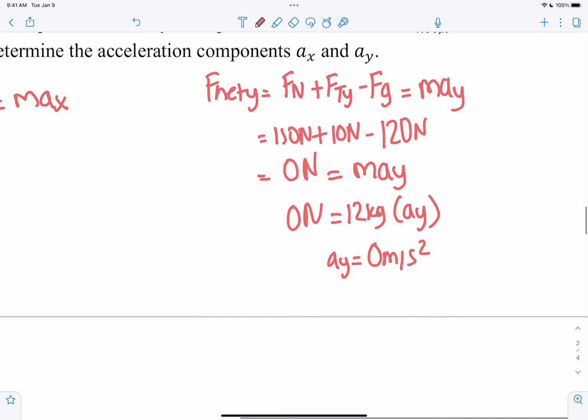And it's kind of implicit too, because if there's no net force in the y direction, or for example, if there's no net force in the x direction, then automatically your acceleration is equal to 0, because F equals ma, right? If a is 0, then 0 times anything is 0, right? And so your acceleration has to be 0 if your net force is 0. And so that's kind of implicit.